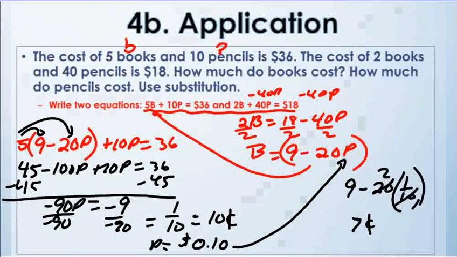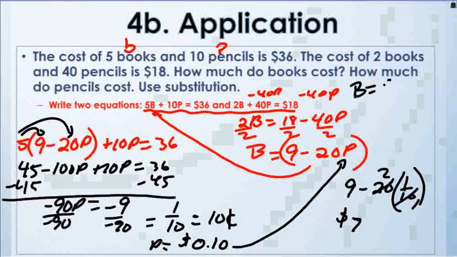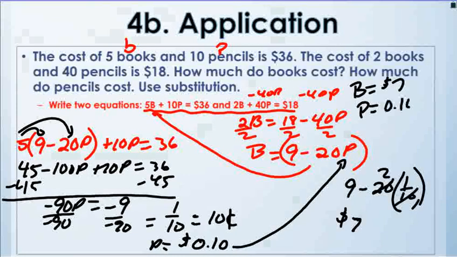I mean, not 7 cents, because I don't have a decimal, it would be $7. So books are $7 and pencils are 10 cents. That is our lesson today on solving systems of equations using substitution.